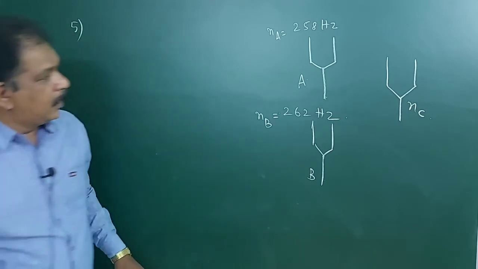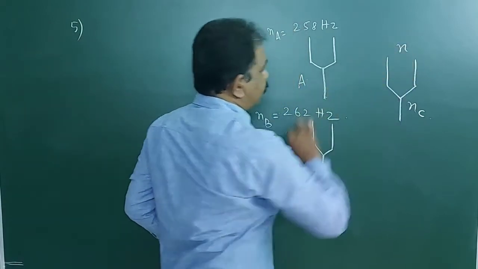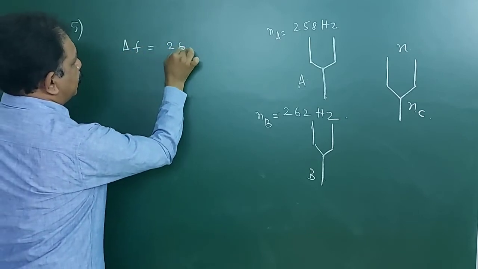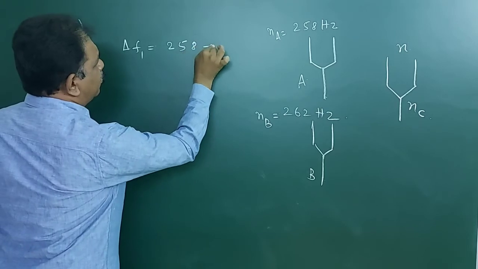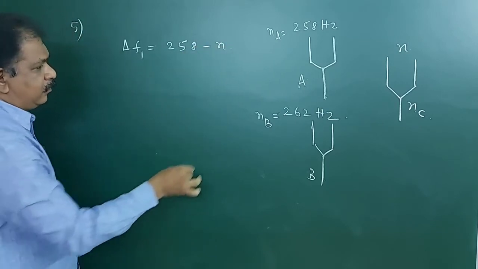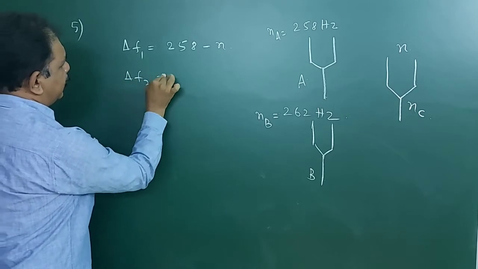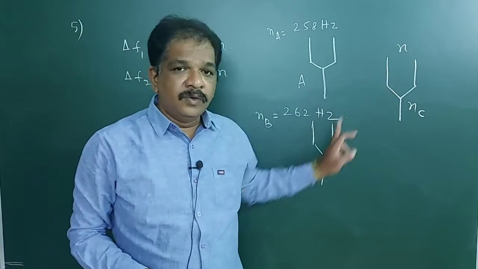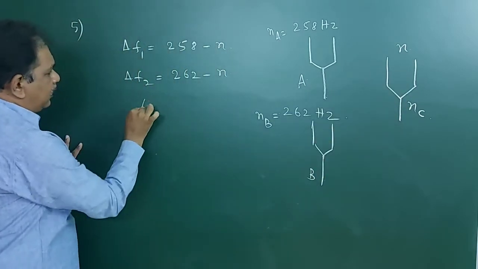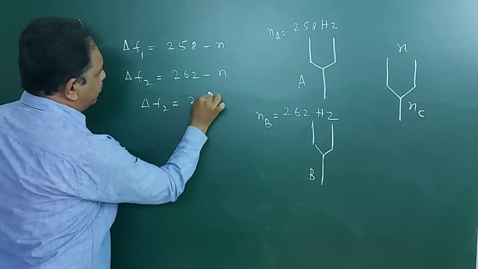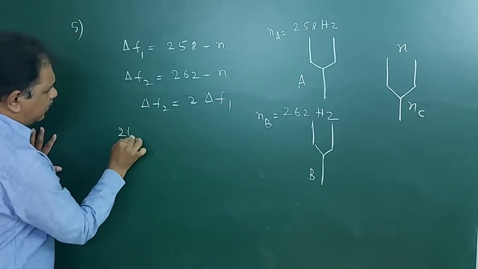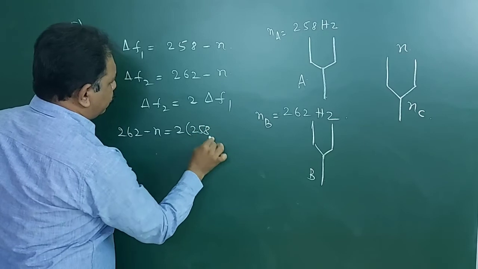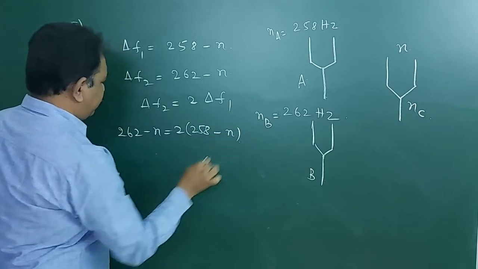This frequency I am assuming it as N. Then beat frequency delta f is equal to first case delta f1, 258 minus n. Here in the second case delta f2 is equal to 262 minus n. Between these two, delta f2 is equal to 2 into delta f1. 262 minus n is equal to 2 into 258 minus n.